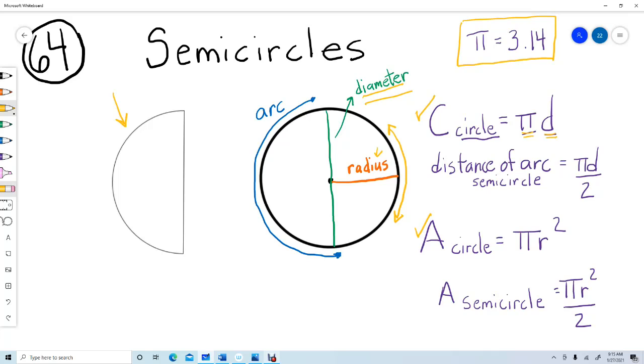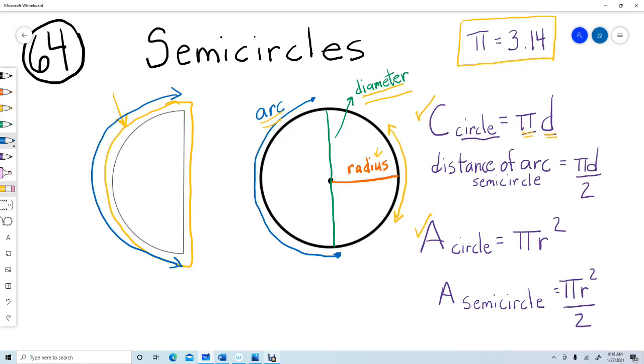So as you can imagine, if we want to find the, let me back up. Let me give you one more definition, arc. I was going to talk about the perimeter of a half circle, but in this lesson, we're more interested in finding not the actual whole distance around, okay? We simply want to be able to calculate this portion, just the arched part there. It's called an arc.